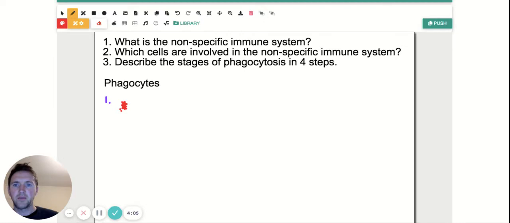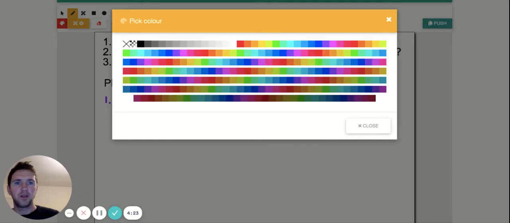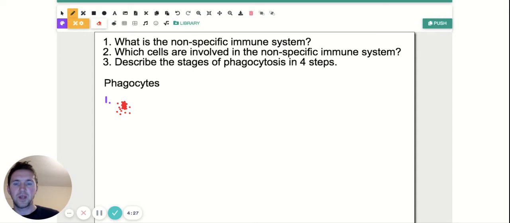They may release some chemical. This pathogen may secrete toxins or some chemical. They will also probably cause an inflammatory response in the tissue that they surround. As a consequence of that inflammatory response and also of those chemicals, what are attracted to that site are phagocytes. There'll be phagocytes in the blood. They're not doing anything, just hanging around, maybe in the tissue as well.